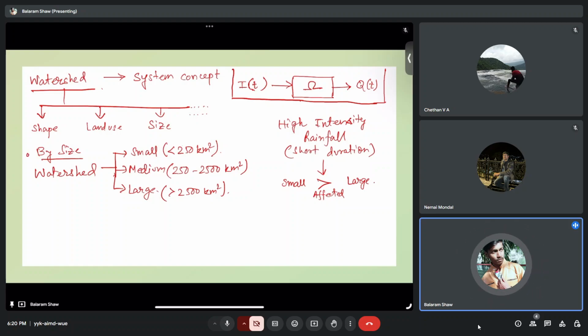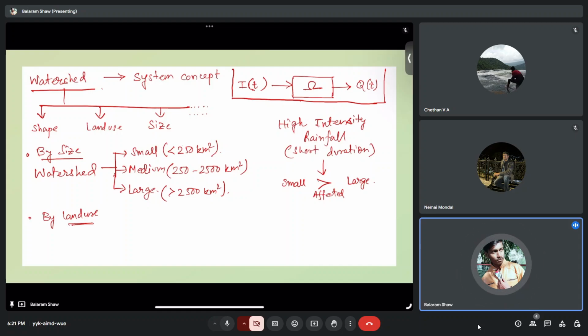Then watersheds can also be classified by land use. In one catchment or area there can be forest, agricultural land, urban area, maybe mountainous terrain.